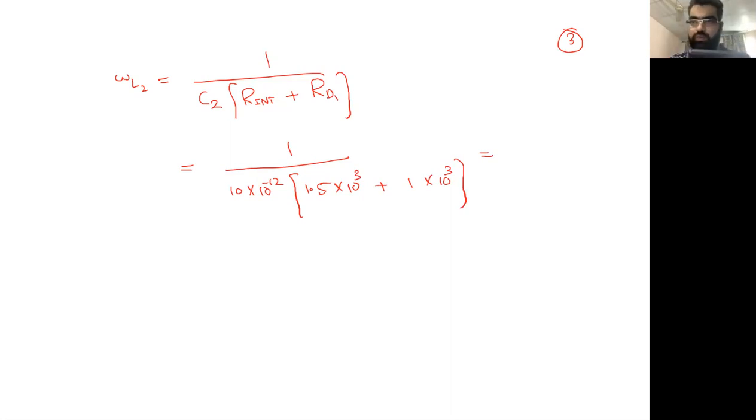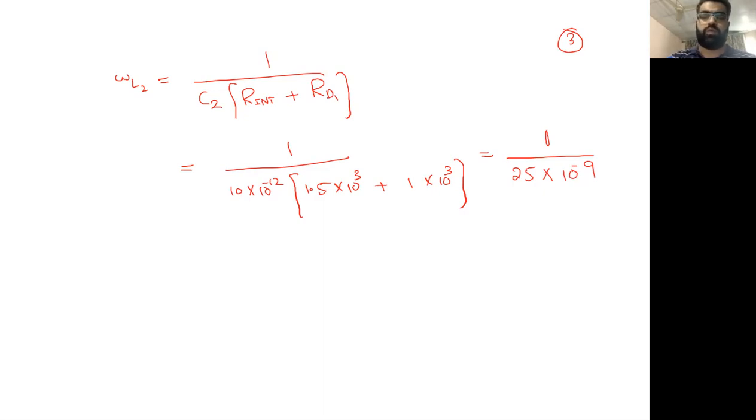So we have something like this one. We have 2.5 times 10, so we have 25 and 10 to the power minus 9. So 25 E minus 9.